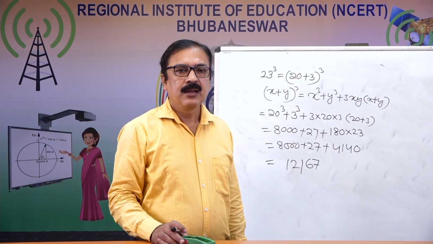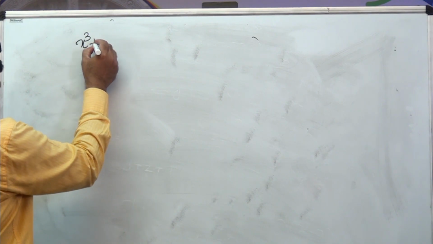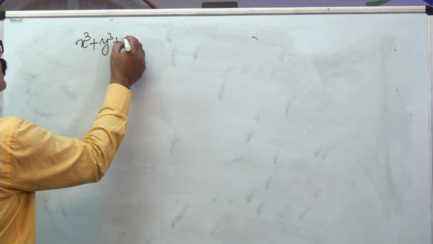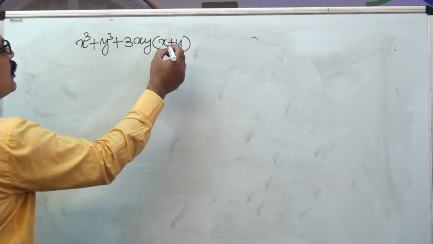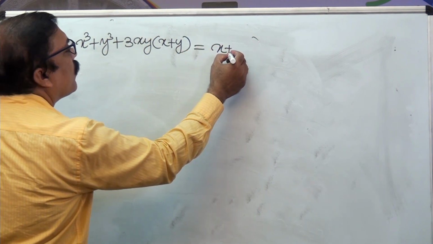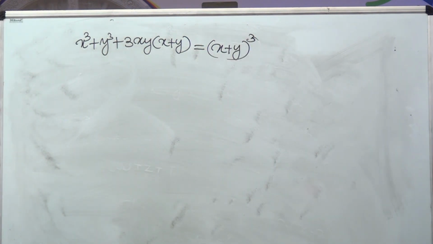Now let's factorize x cube plus y cube using our identity. What is our identity? Here the cubic identity is x plus y whole cube, so x cube plus y cube plus 3xy into x plus y. This gives x plus y whole cube. This is our identity as we discussed earlier.